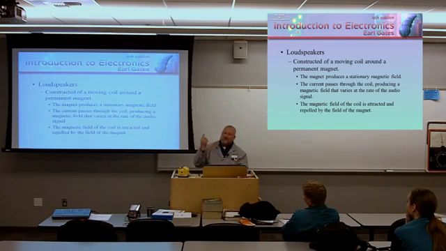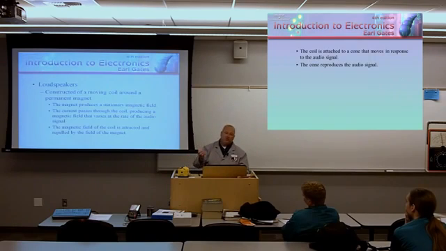What that means is that you can throw more energy in there to create either an attraction or a repulsion and move the cone of the speaker back and forth, rapidly replicating the original sound that created it. So that's how a loudspeaker works.